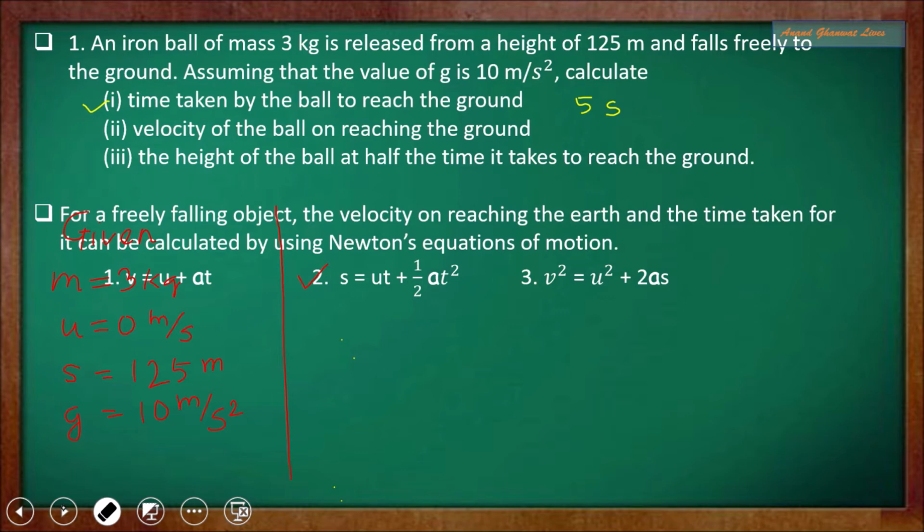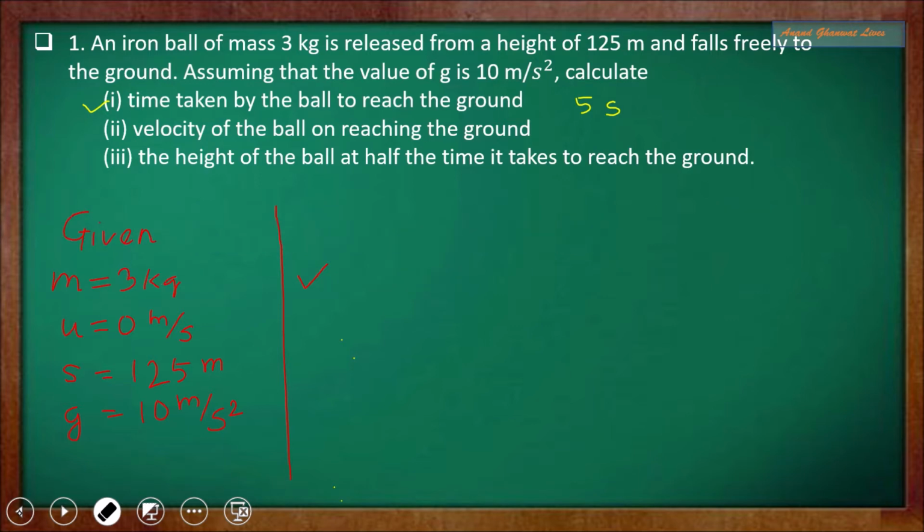So let us take the first equation of the motion, that is v is equal to u plus at. Now again u is equal to 0, therefore v is equal to 0 plus. Now take a as g, a is equal to g. Here the value of t is 5.